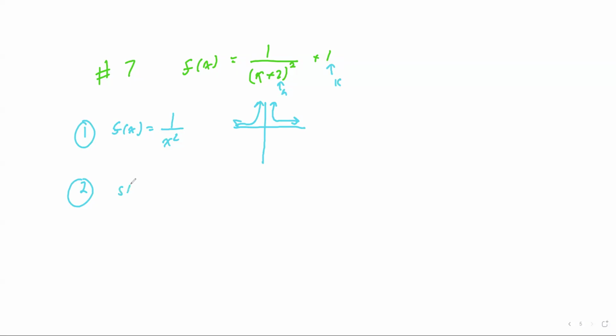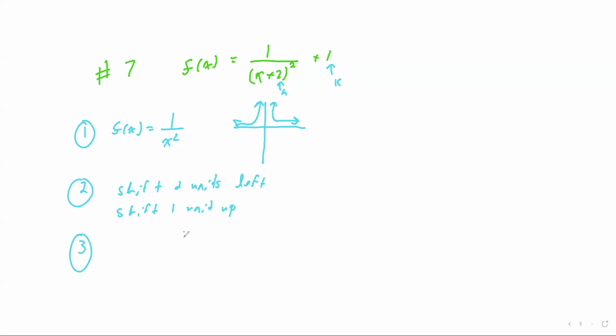So therefore, I shift 2 units left. Always do the opposite when you're inside the function, and then shift 1 unit up. It does what you expect it to do.